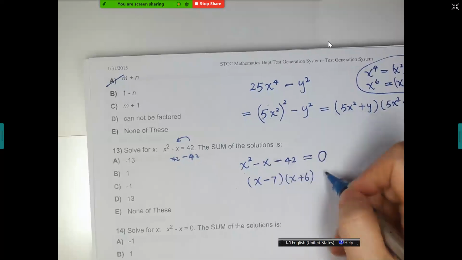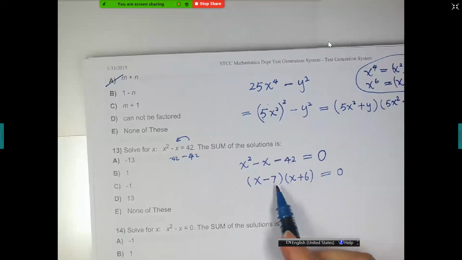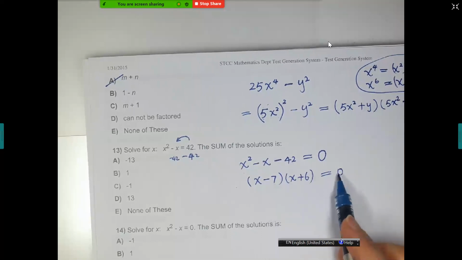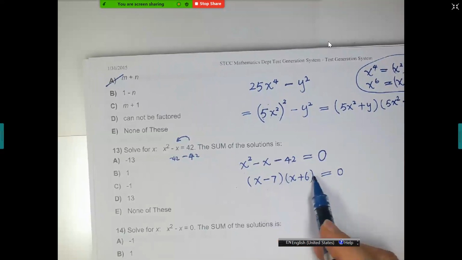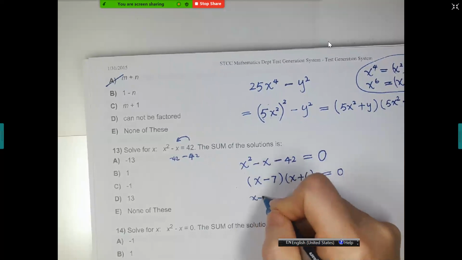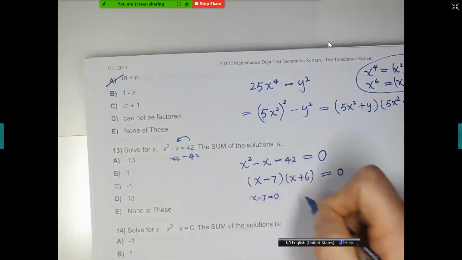So then that equals what? Equals 0. We have a product equals 0. What do we do? Let each factor be 0. Don't stop here. Many students say, oh, now I know, the two answers should be negative 7 and 6. Completely wrong, because we should let x minus 7 equals 0, or x plus 6 equals 0.